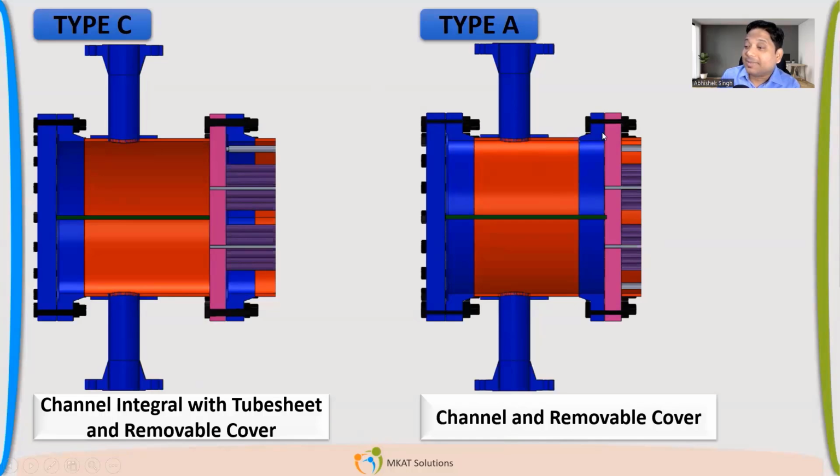While in the type A, tube sheet is not welded with the channel. Okay, it is attached or it is bolted via a flange. Making sense? So now, what advantage we may get with this. Do you think any advantage with type C compared to type A?